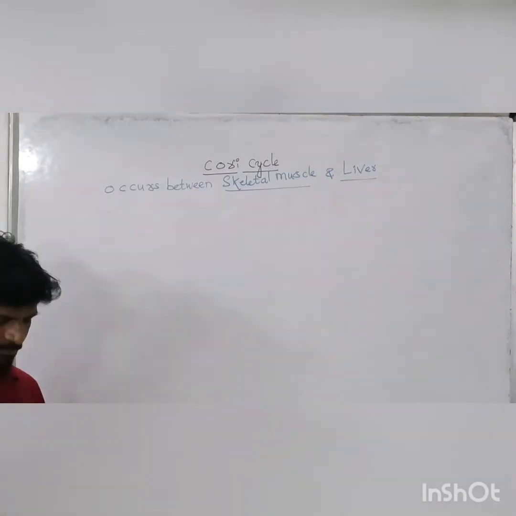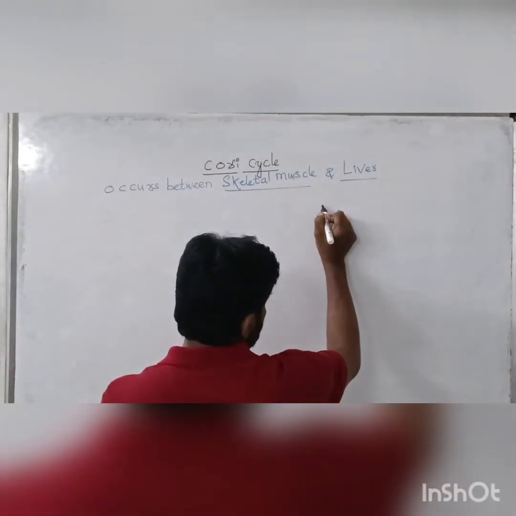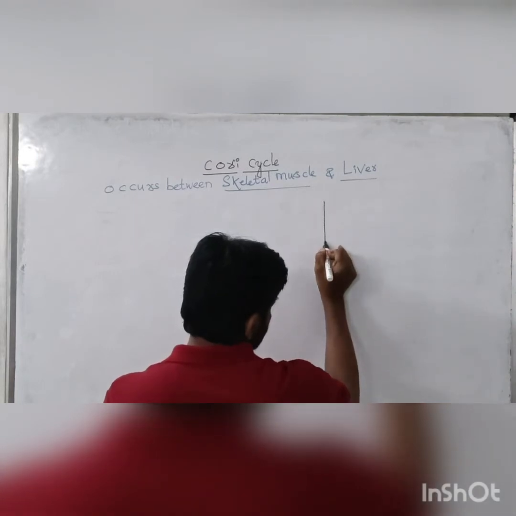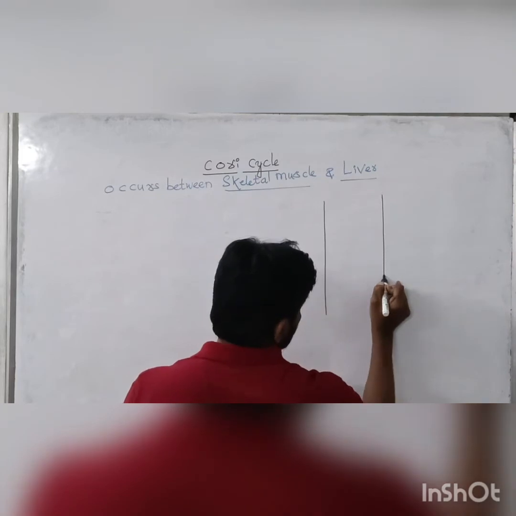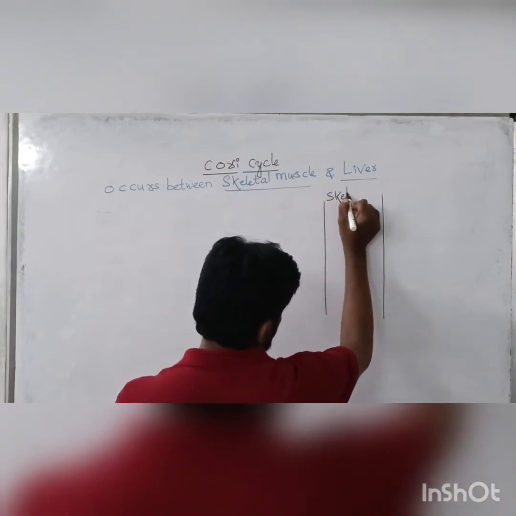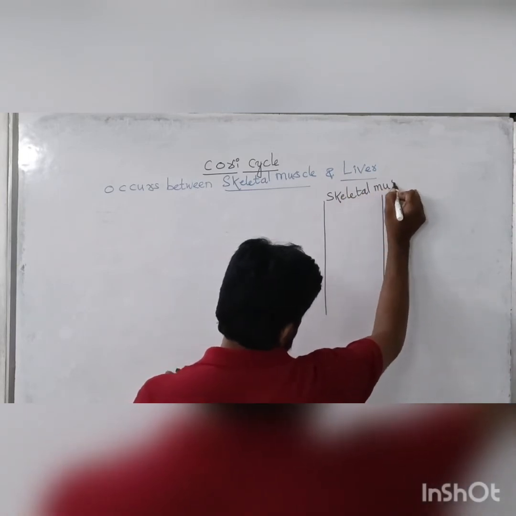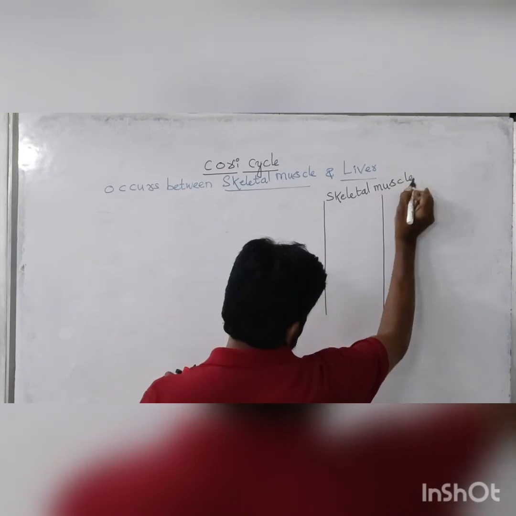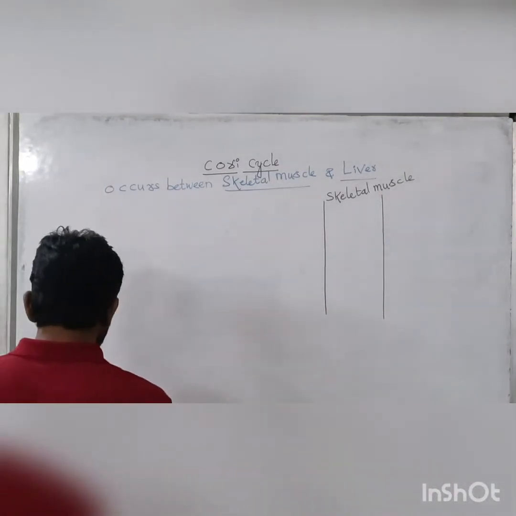What is that? For example, this is the skeletal muscle, and this is the liver.